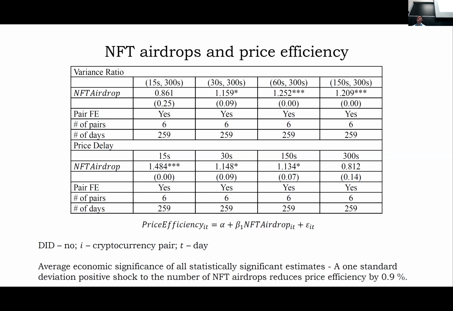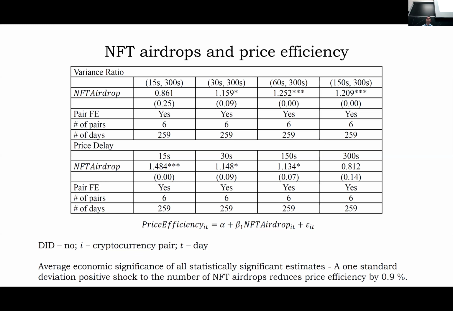But you're conditioned already on there being this NFT airdrop. I'm wondering, if I already know that this is coming, is there anything that is backward looking that drives this? Because it's on a daily basis, so this is kind of what I have in mind.